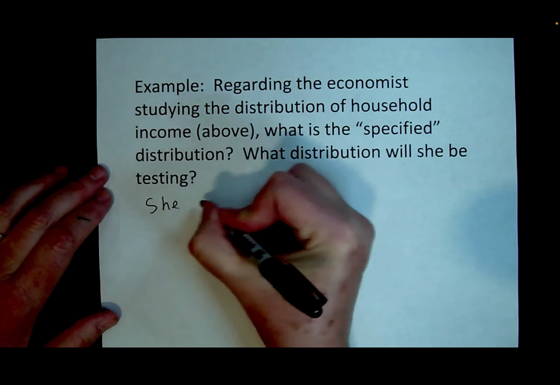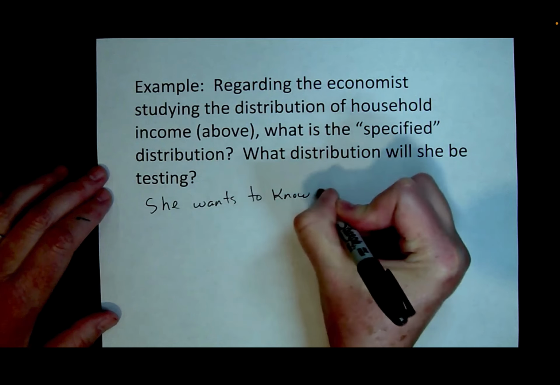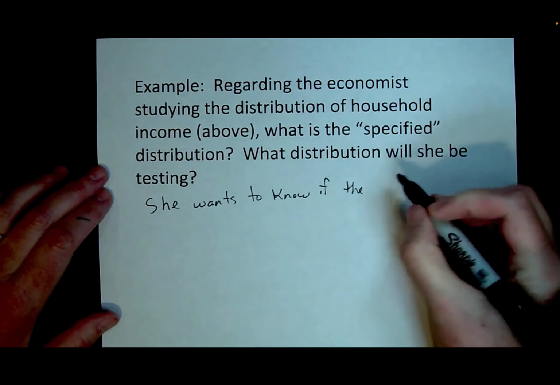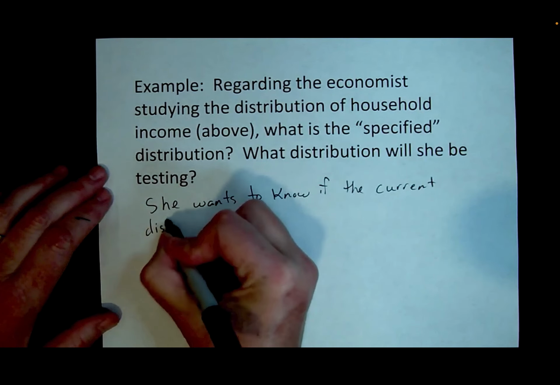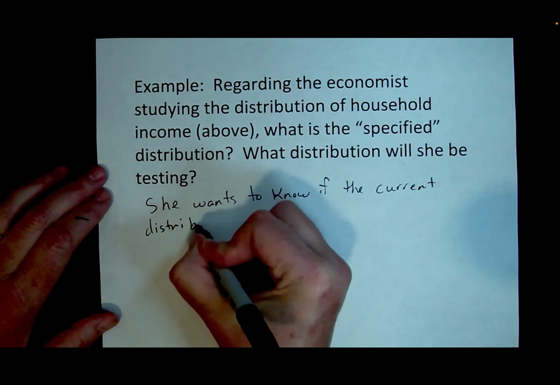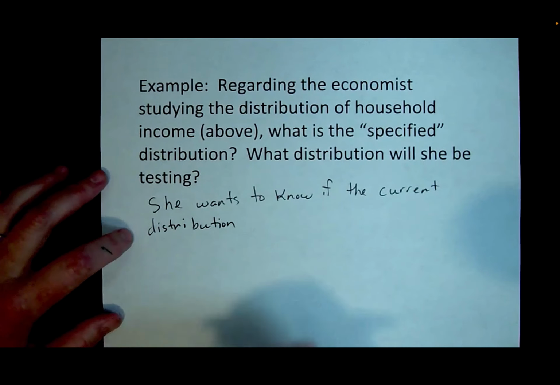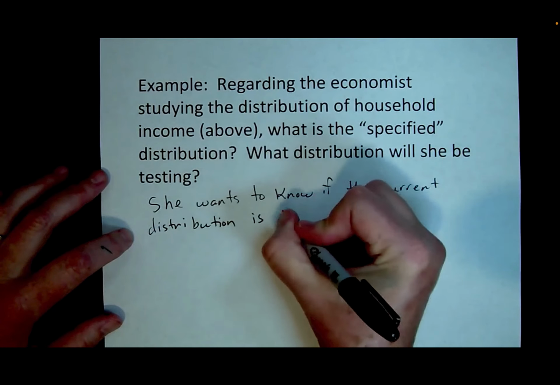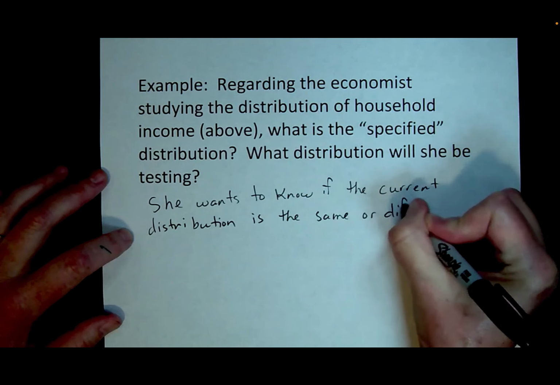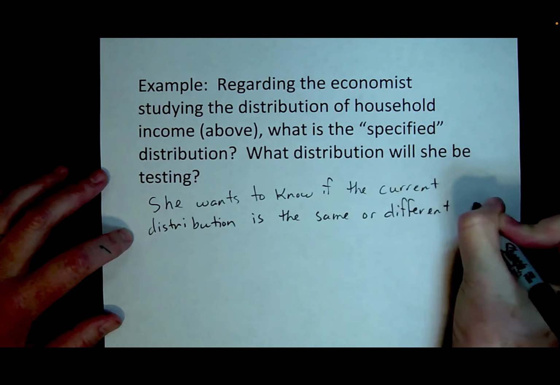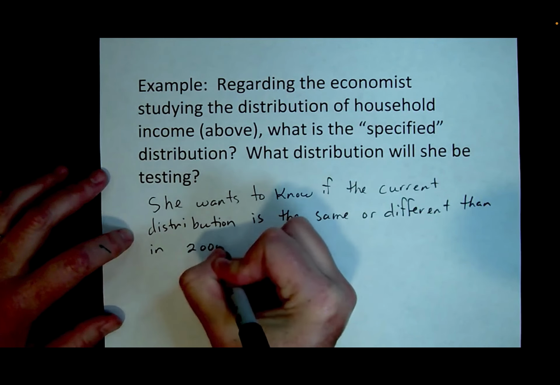Well, she wants to know if the current distribution, and that's of household income, of course, is the same or different than it was in 2000.